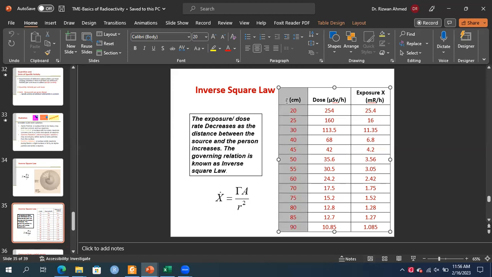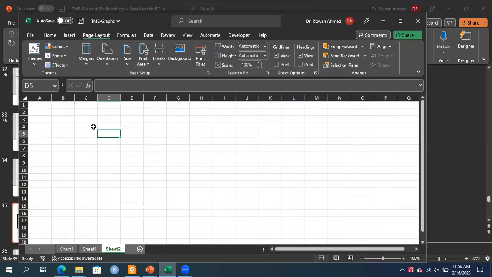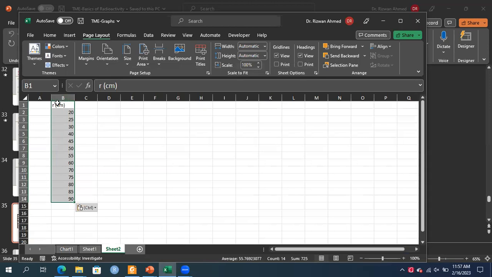So I copied the data of R detectors, and in the Excel sheet, in column B, I am pasting the values. Okay, very small one.